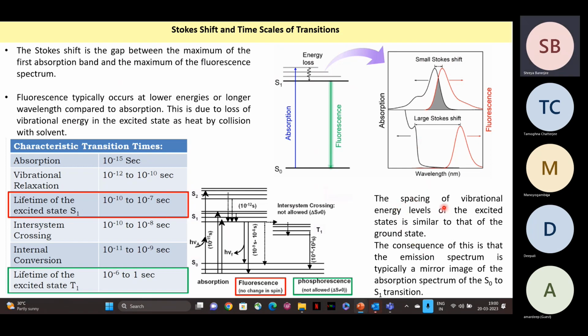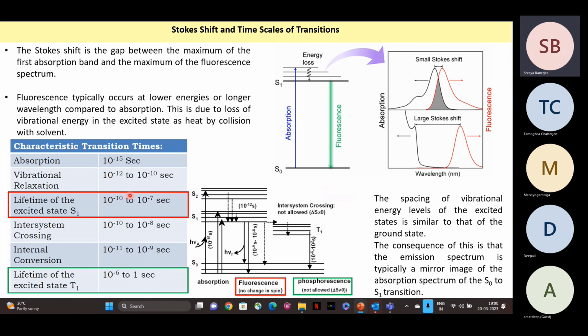Another thing to note is that the spacing of the vibrational levels of the excited state is similar to that of the ground state. So the fluorescence spectrum is always a mirror image of the absorption spectrum. And you can also remember the lifetime of the different states. The lifetime of the excited S1 state is 10 to the power minus 10 to 10 to the power minus 7 seconds.